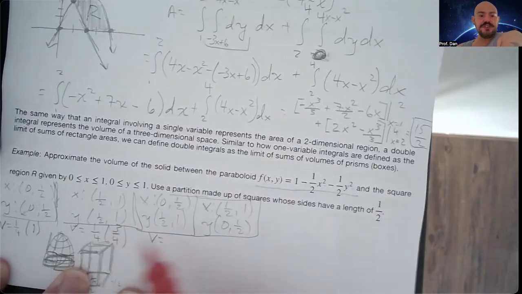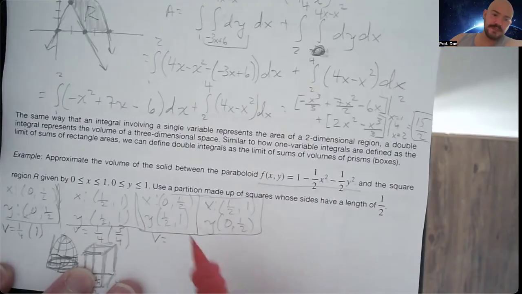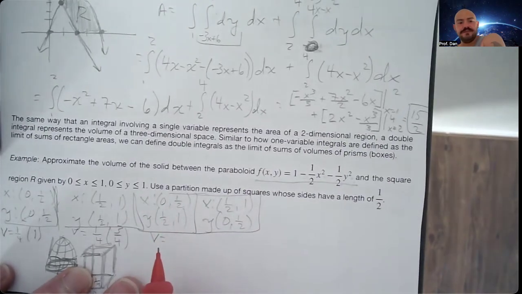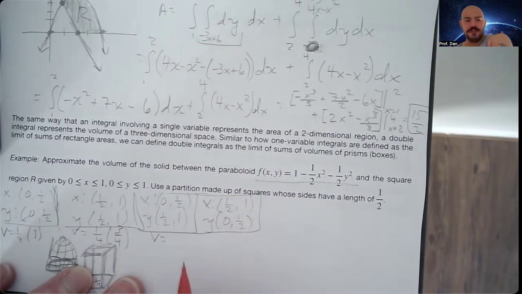Then for this partition, we would plug 0 in for the x, we'd plug 1/2 in for the y, and this would end up giving me 1/4 for the base still, because that's change in x times change in y.